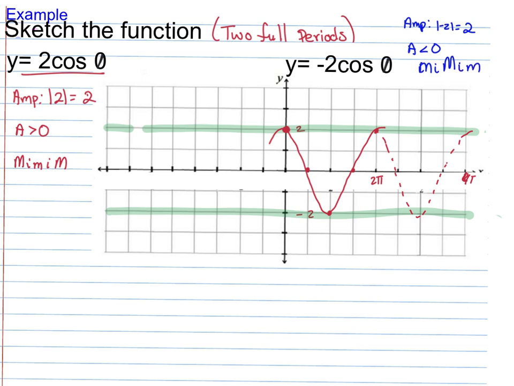So now you start down here and go the opposite direction. This right here is 1 full cycle completed in 2 pi, but I want 2 full cycles. So that's my second full cycle in 4 pi.